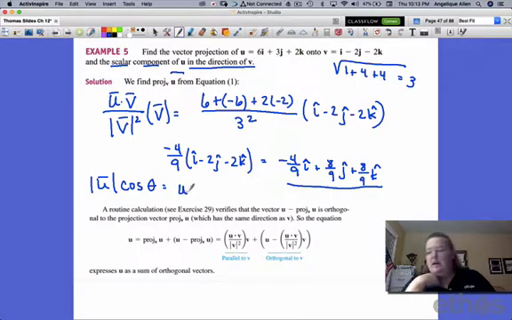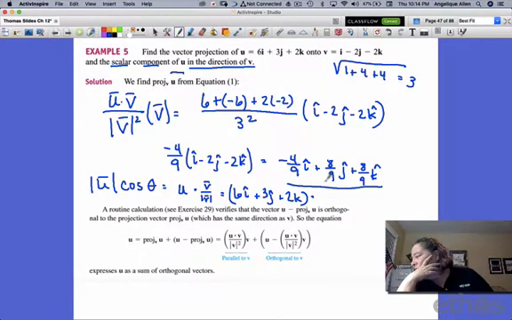We've got u dotted with the unit vector in the direction of v, and u is 6i plus 3j plus 2k. We're going to dot that with our vector here. The length of v was 3, so we take our original v divided by 3, and that gives us 1/3 i minus 2/3 j minus 2/3 k.